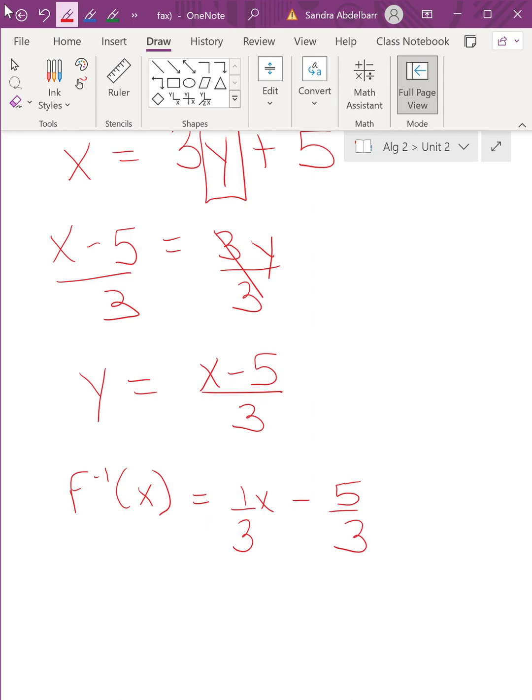Now, I just want to show you in Desmos what this looks like. So my original function was y equals, what was it, 3x plus 5? All right, and then my inverse function was 1/3 x minus 5/3.